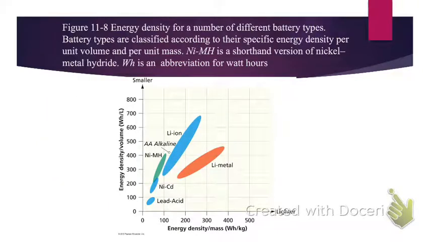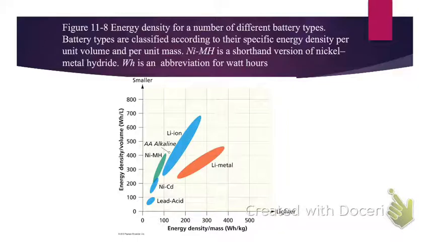So if we move on to take a look at different types of batteries and their energy density. Along the vertical axis, we have the energy density per volume, in WH, which is watt hours, a form of energy, so watt hours per liter. Along the horizontal axis, watt hours per kilogram.